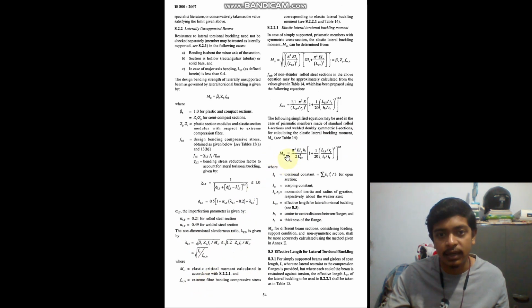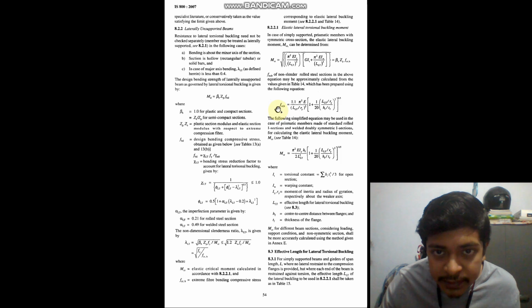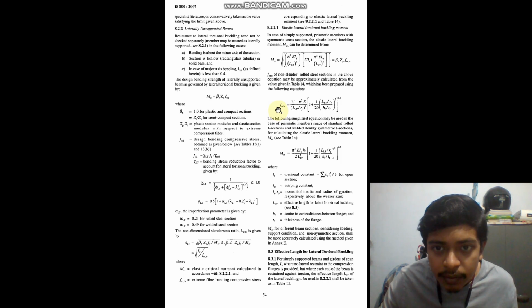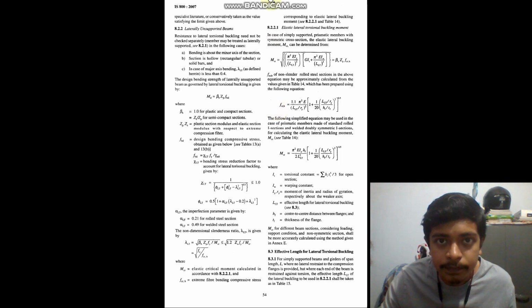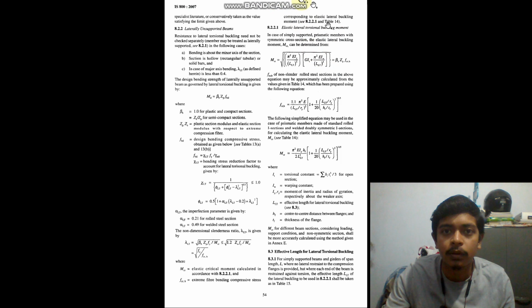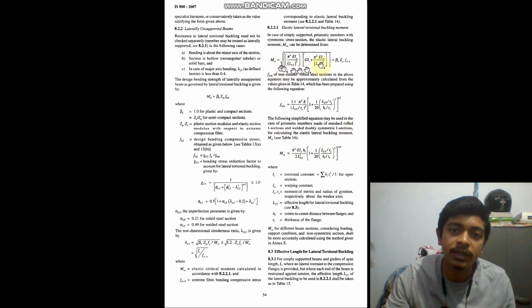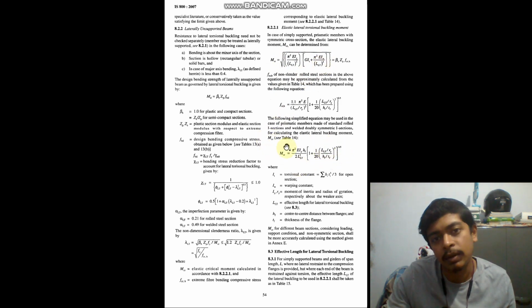So first calculate MCR, then calculate FCR. Okay, so this expression is given for symmetric cross sections, right? And this one is for standard prismatic members made of standard rolled I sections or welded doubly symmetric I sections. So whatever is applicable in your case, you'll be applying this formula. If it's a prismatic section, you will be applying this one. If it's I section, you will be applying this one.